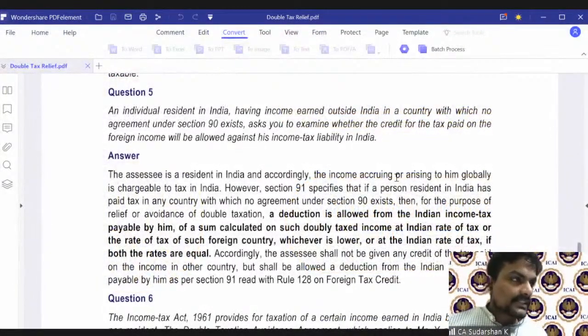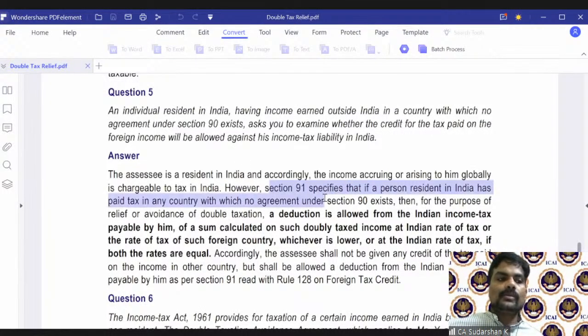I did see a few questions. I'll answer them. But yes, just have a look at question number 5. This gives a summary of whatever we have discussed. An individual resident in India has income earned outside India in a country with which no agreement under Section 90 exists. The individual wants to examine whether credit on foreign income will be allowed against this income tax liability. Yes, allowed.